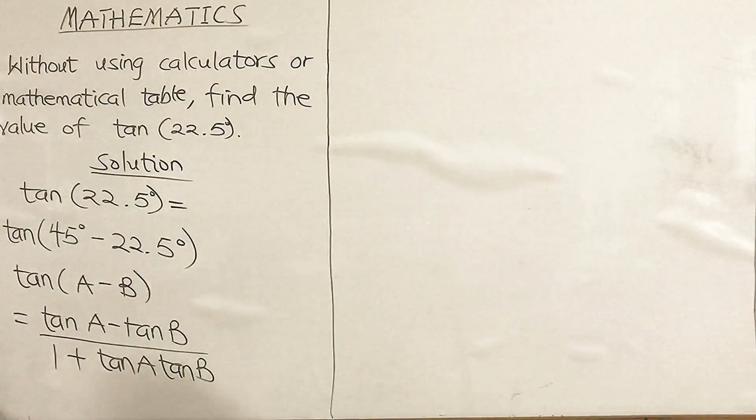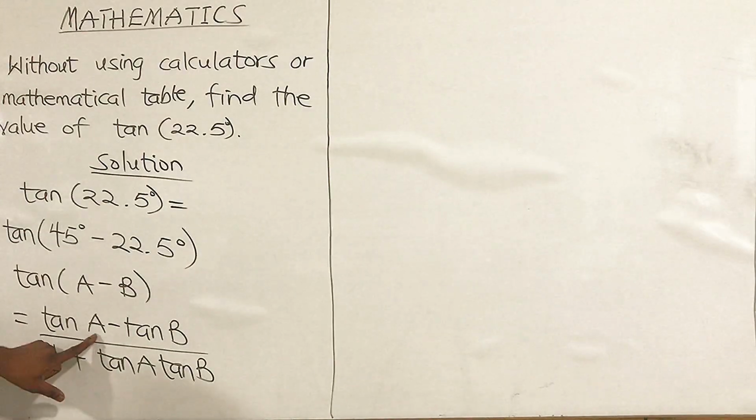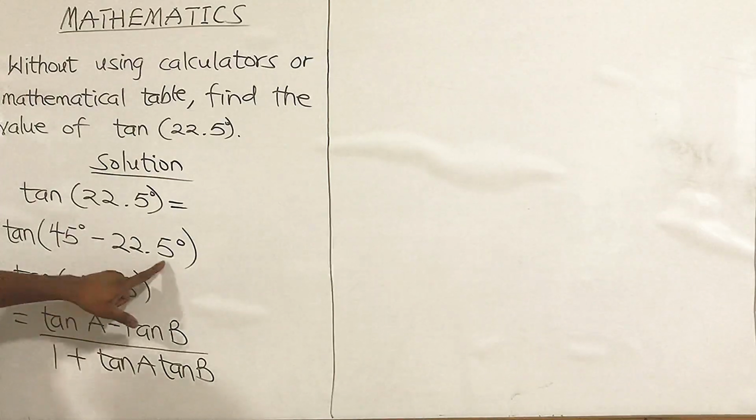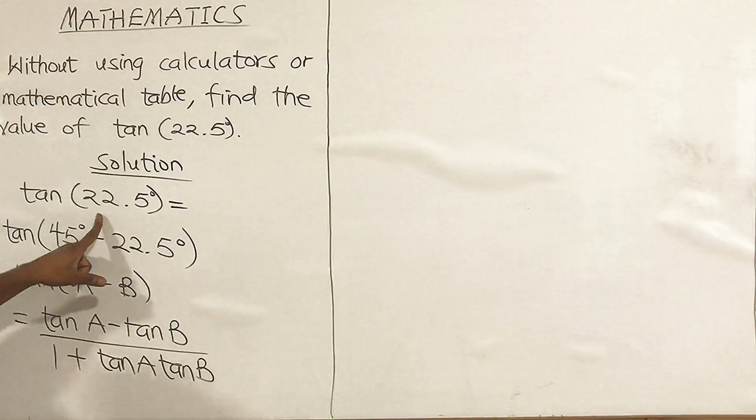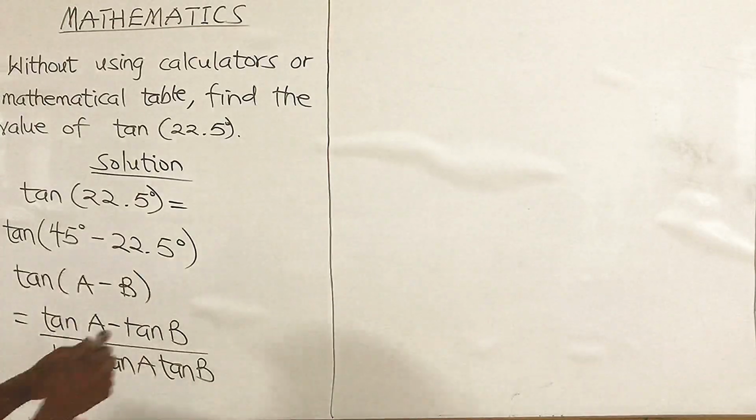So by comparison, the 45 will be the A, then the 22.5 will be the B. Notwithstanding, we are looking for this tan 22.5.